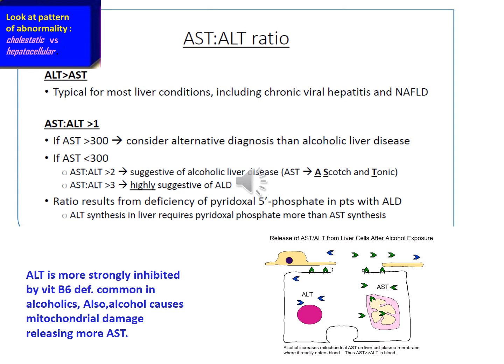Most liver diseases will cause a rise in ALT more than in AST, especially viral hepatitis. If the rise in AST is more than the rise in ALT, this usually denotes alcoholic liver disease, especially if the peak of AST is less than 300. But if AST exceeds 300, look for another cause than alcoholic liver disease.